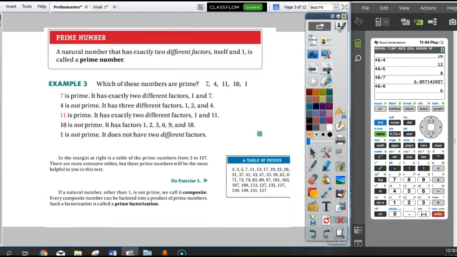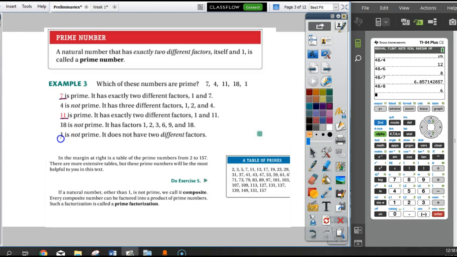All right, so what we ran into with 19, that's called a prime number because it has exactly two different factors, itself and 1. And so that's what gives us a prime number. 7 is a prime number, 11 is a prime number, 4 is not prime because it has three different factors: 1, 4 itself, but then also 2. 18 is not prime, its factors are 1, 2, 3, 6, 9, and 18.